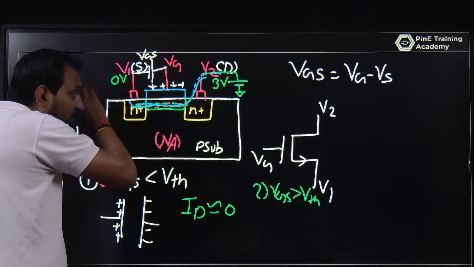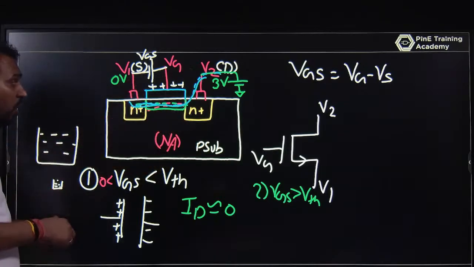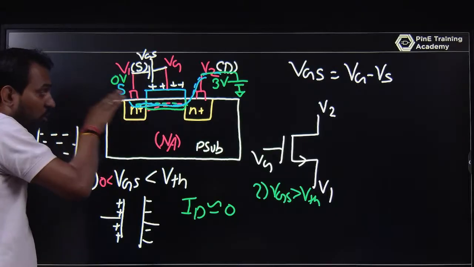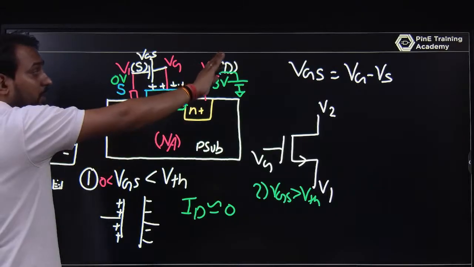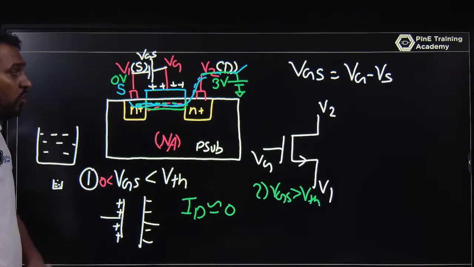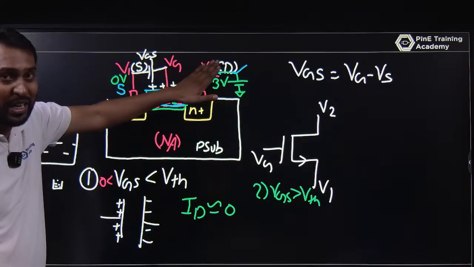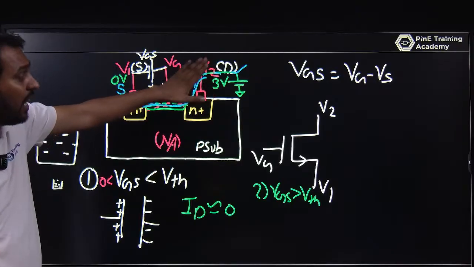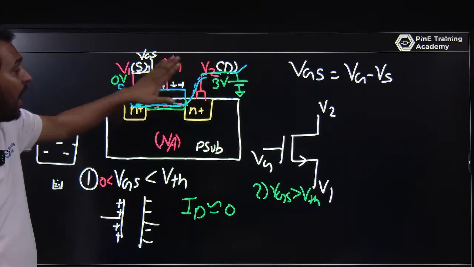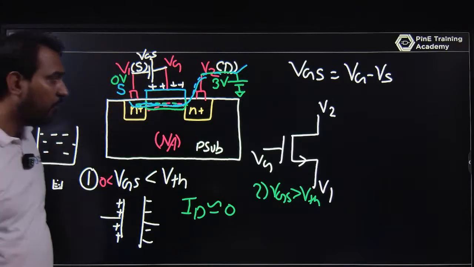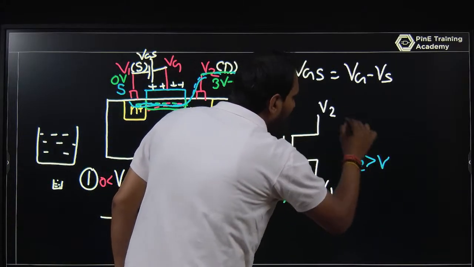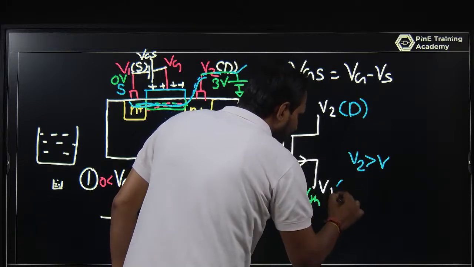This point is forcing the electrons towards this point, which is called the drain. It is draining the electron. So in NMOS, the higher potential is always the drain and the lower potential is the source. If V2 is higher than V1, then this is always the drain and this is always the source.